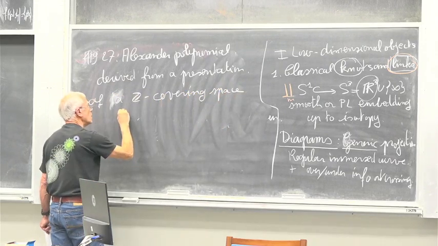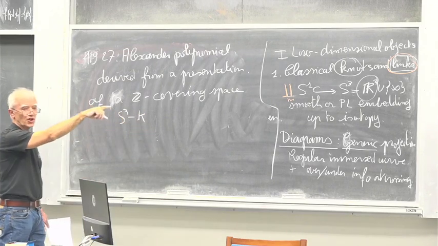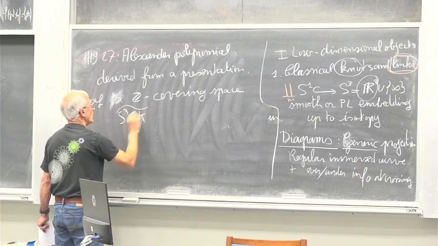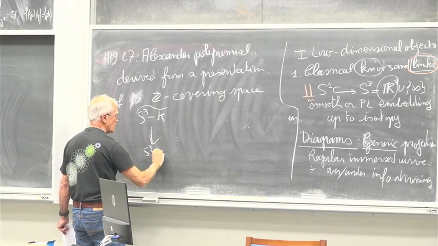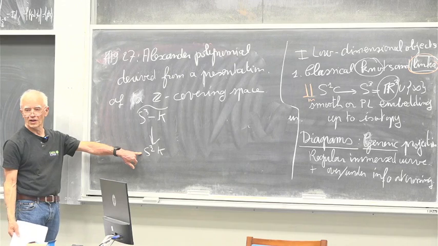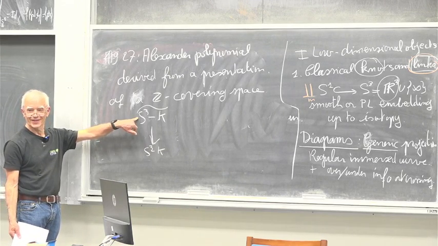So S3 minus K, because the H1 is Z, you can do a Z covering of S3 minus K. The homology here is quite trivial, but the homology of the covering will not be trivial.